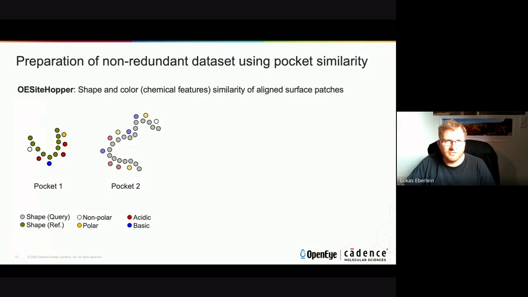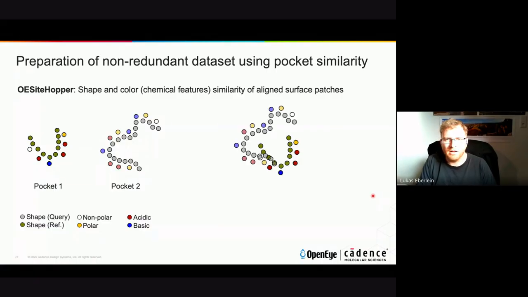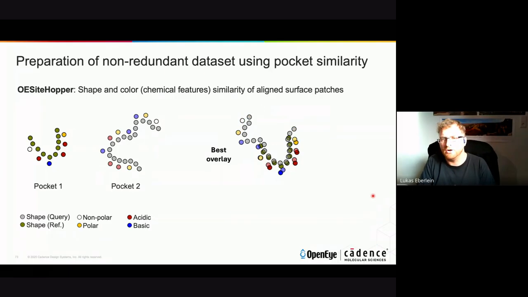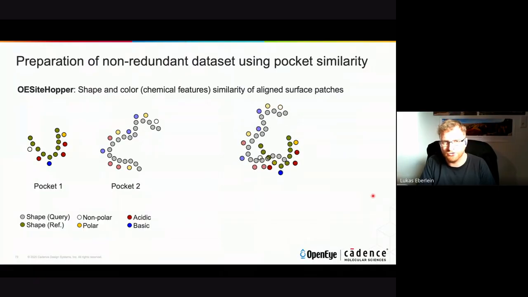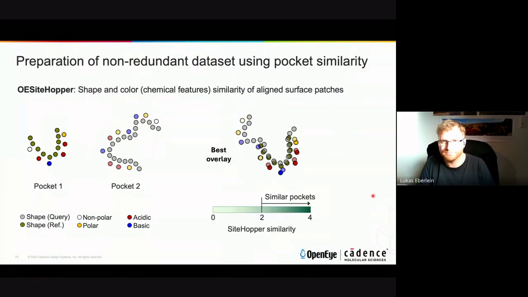In SiteHopper, we use the shape and the electrostatics encoded as the so-called color features, which are chemical features, and use this to create protein pocket patches, and then afterwards we do an overlay of the pocket patches to measure pocket similarity.